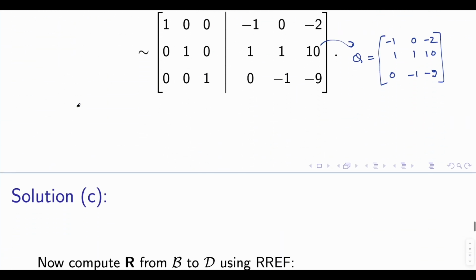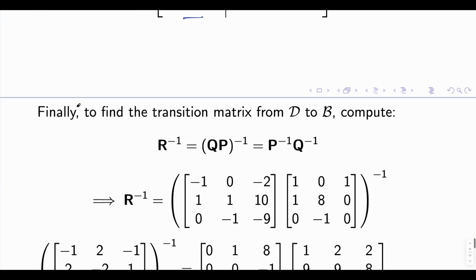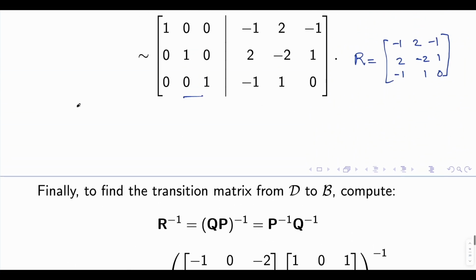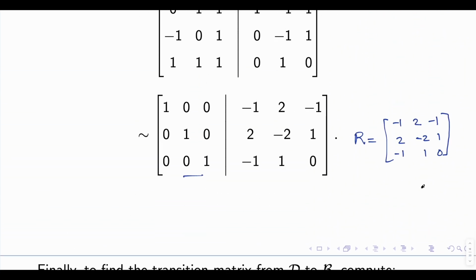Okay. So we have this R. Now if you multiply these two matrices, Q and P, you will get R. This is just verification. R is equal to Q and P, right? So this you have to do.